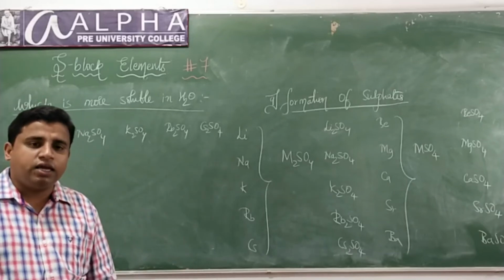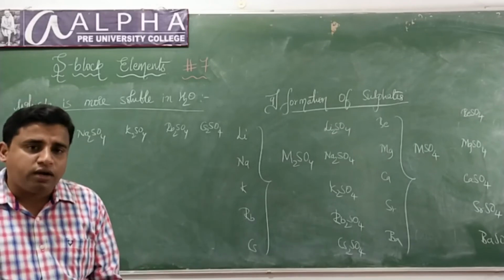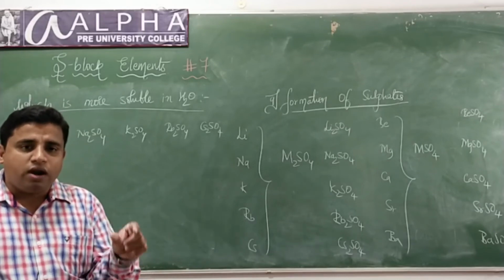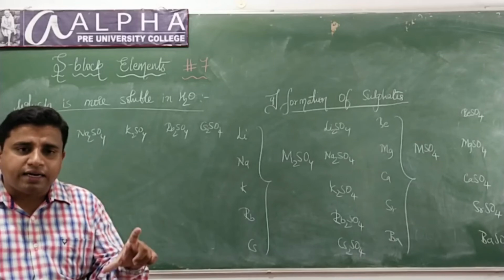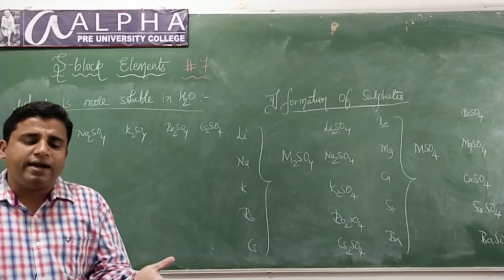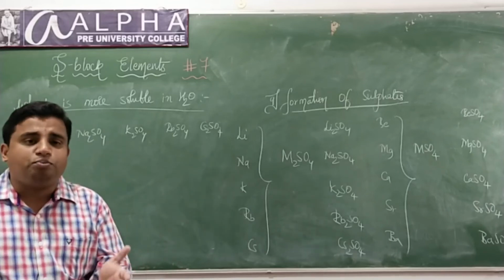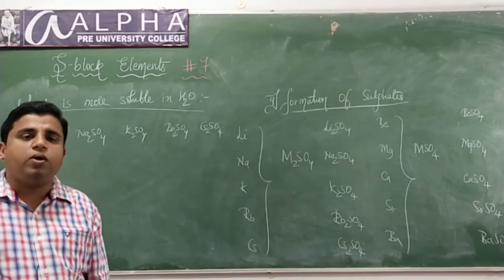If I have to decide which one is more ionic and which one is covalent, I have to use Fajan's rule. Smaller the size of cation, larger the size of anion, more will be the covalent character. More the covalent character, lesser will be the solubility in water, because ionic compounds are soluble in water rather than covalent compounds.